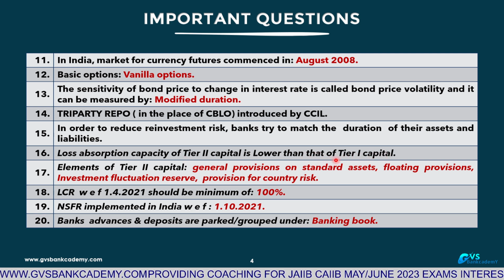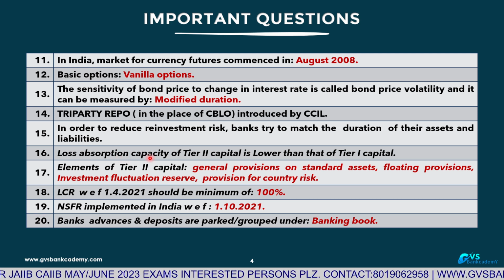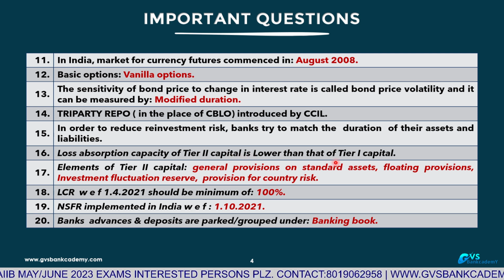Tier 1 capital instruments have higher loss absorbing capacity, and can be adjusted or written off without triggering bankruptcy, whereas Tier 2 capital bonds can be adjusted or liquidated only at the time of liquidation. That is why the loss absorption capacity of Tier 2 capital bonds is lower.